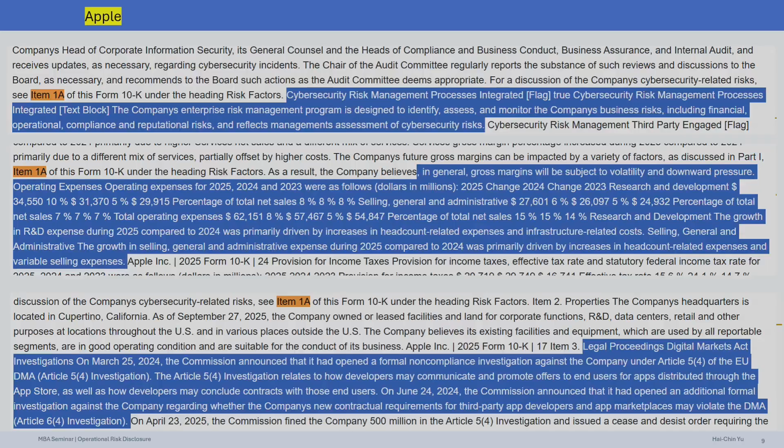So this Apple 2025 paragraph may have legal risk factors, operational risk factors, and technology factors. This is just one example, but human beings will not do so much work. So you will input it into the model, using machine learning to categorize this risk for you.